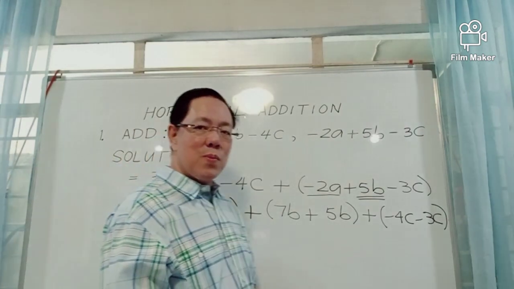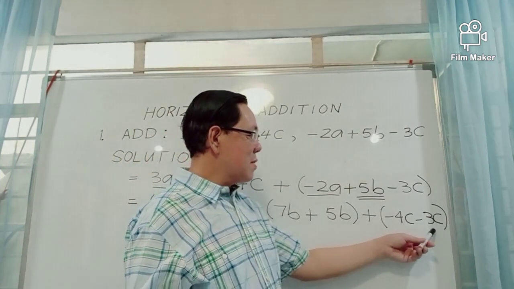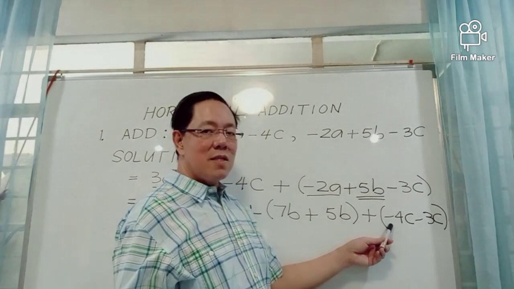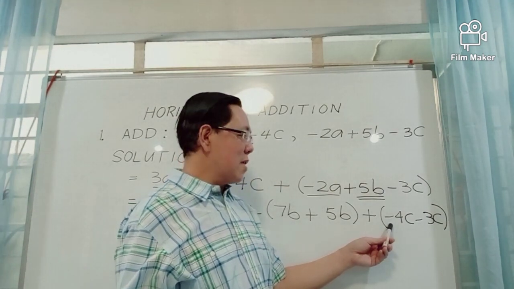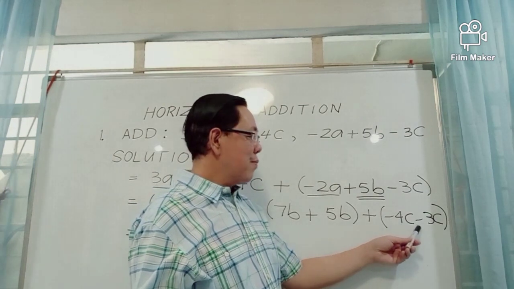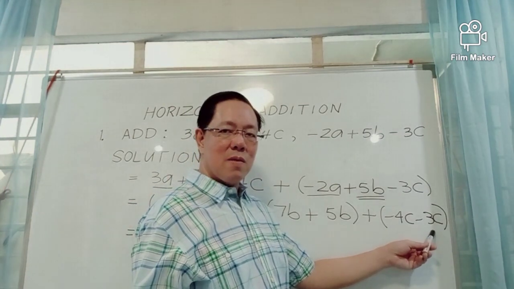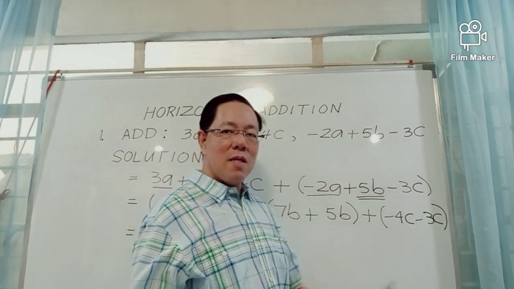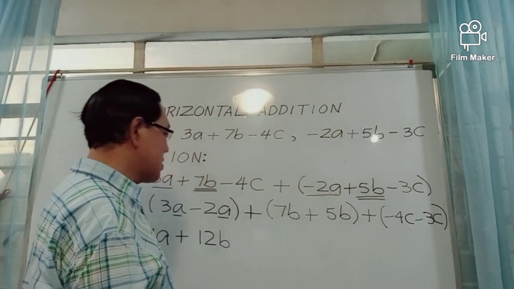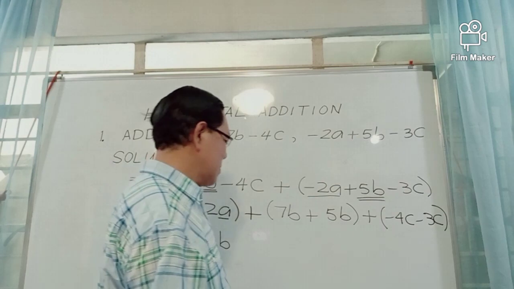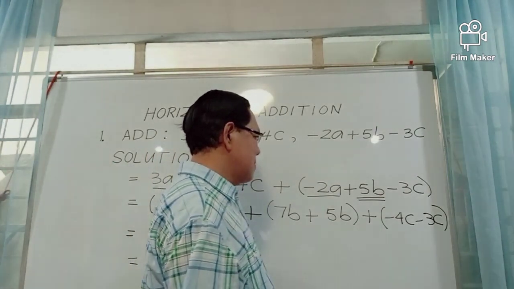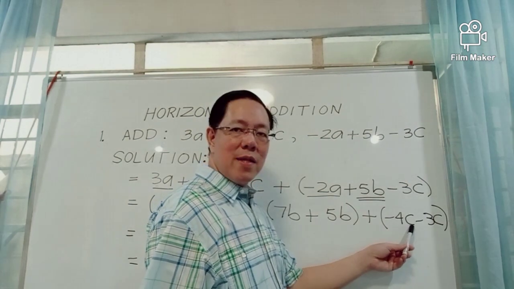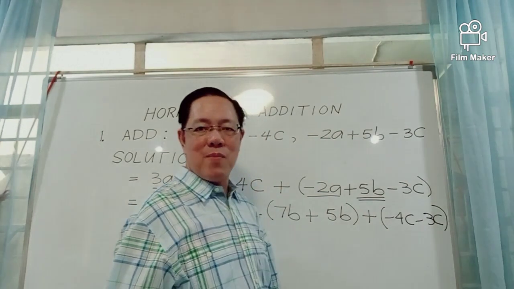For the last group of like terms, negative 4c minus 3c, add the numerical coefficients negative 4 plus negative 3, or negative 4 minus 3 equals negative 7. The sum of negative 4 and negative 3 is negative 7.